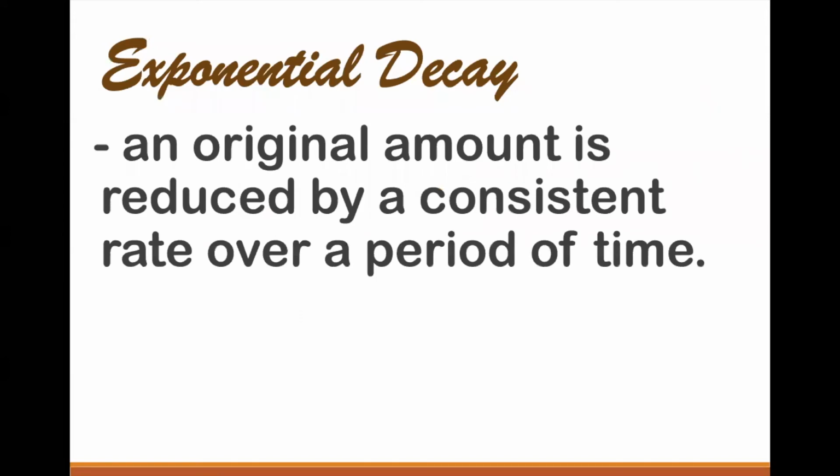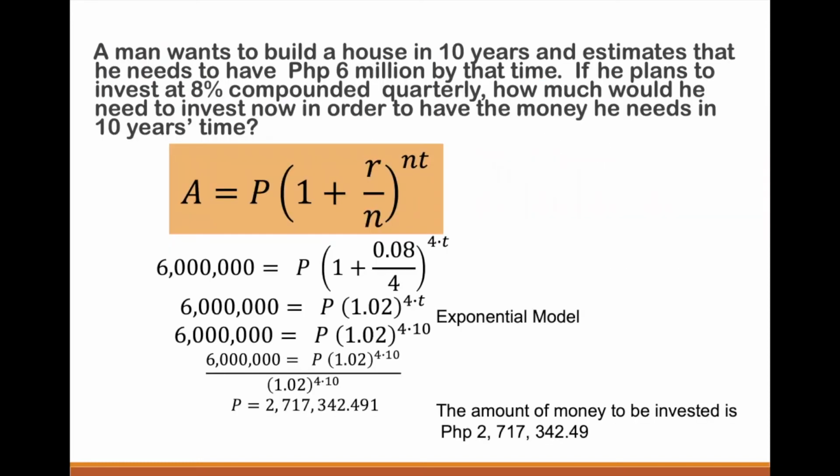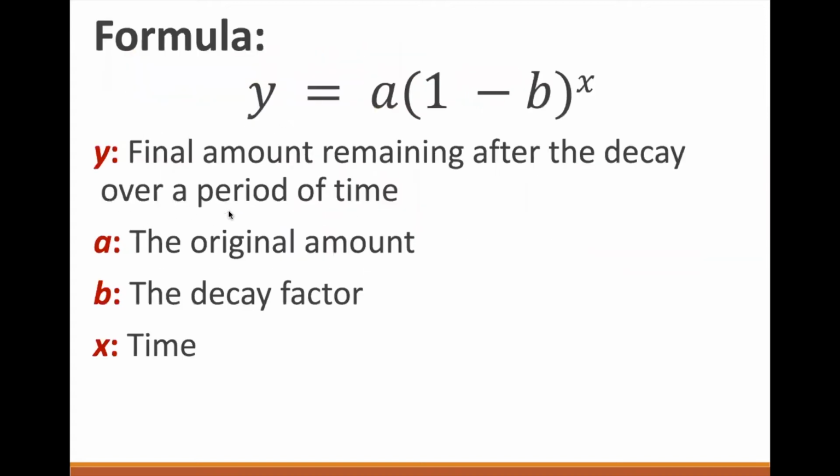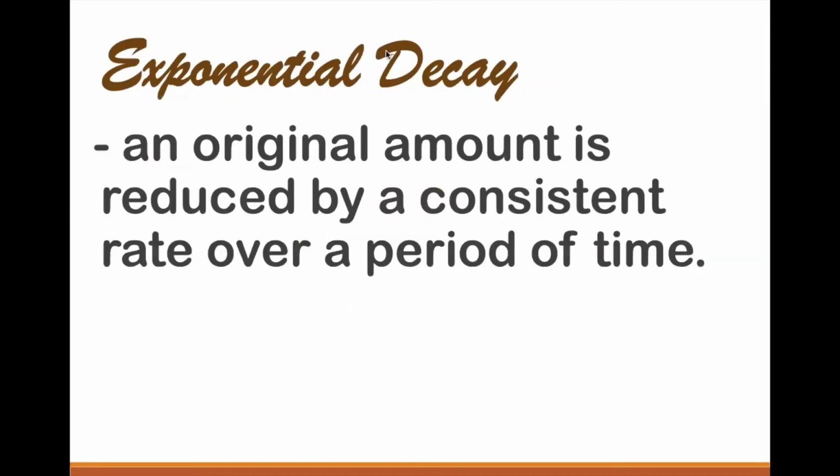So if we have exponential growth, we also have exponential decay. So exponential growth is increasing. On the other hand, if we have exponential decay, it is reduced by a consistent rate over a period of time.